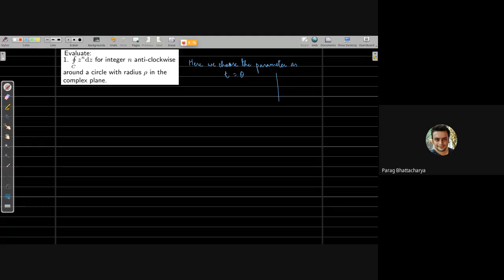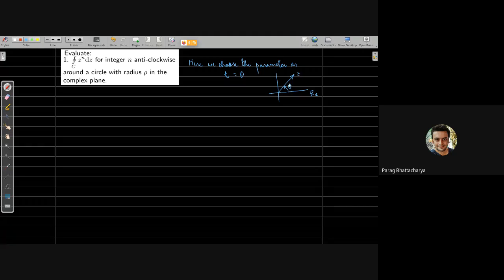Let's say this is a complex plane, and this is a complex number z. Theta is the angle that the complex number makes with the real axis. So we choose theta as the parameter.